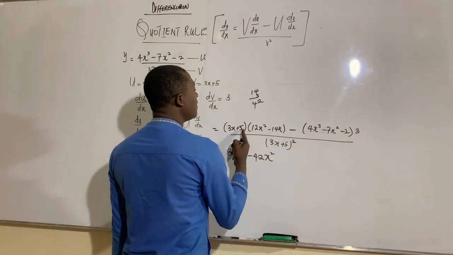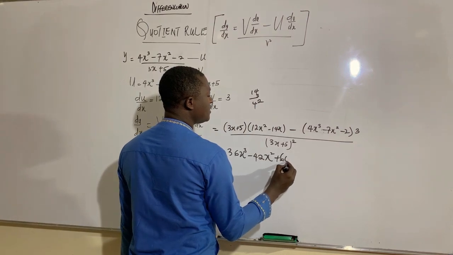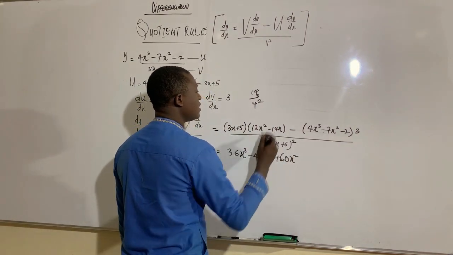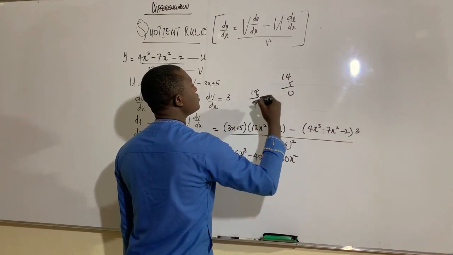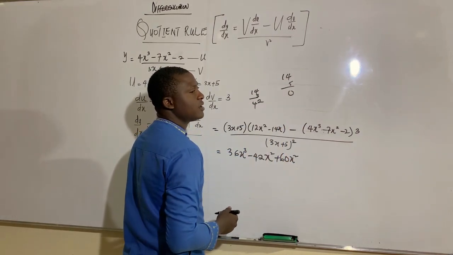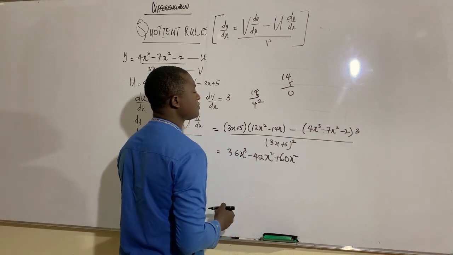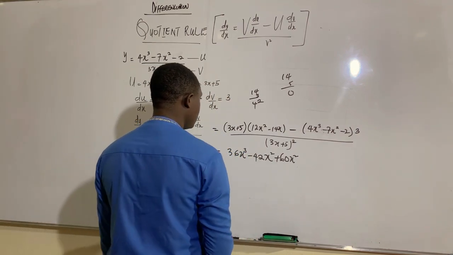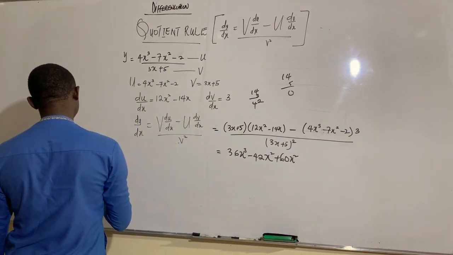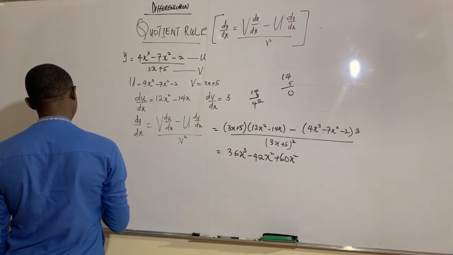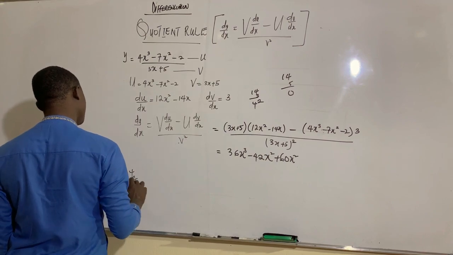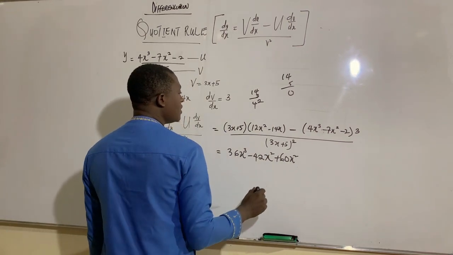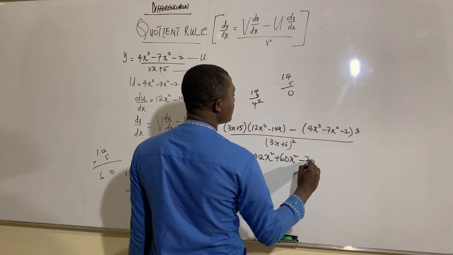For the second one, 5 times 12 gives 60x squared, and 5 times minus 14 gives minus 70x.